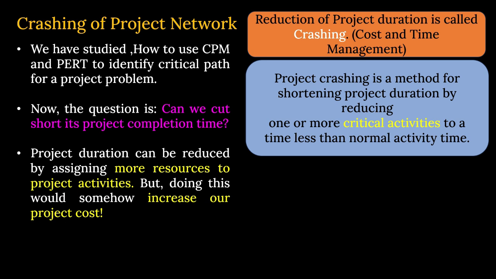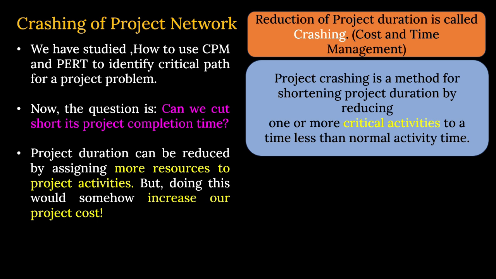So if you want to reduce the project duration, you have to reduce the activity by a number of days or hours on the critical activities only. Other than critical activities, the non-critical activities have sufficient relaxation or slack time.